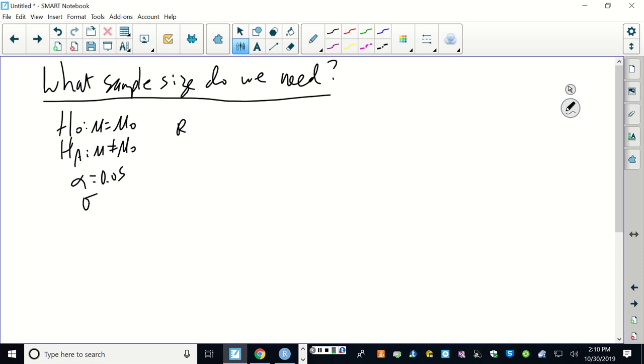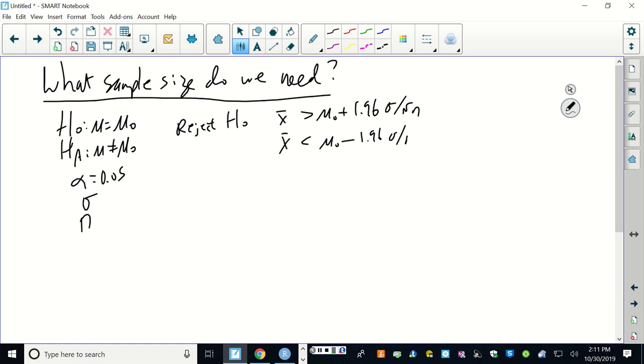We have some sigma for a given sample size. We reject H0 if x bar is big, so mu sub 0 plus 1.96 sigma over the square root of n, or if it's less than mu sub 0 minus 1.96 sigma over square root of n.